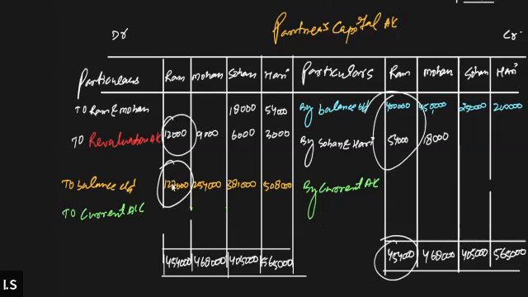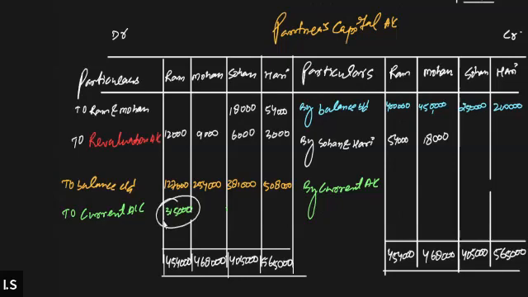So subtracting 1,39,000 out of 4,54,000, we will get the balance of 3,15,000, and this need to be written by the name of current account on the debit side. Is it clear, everyone?